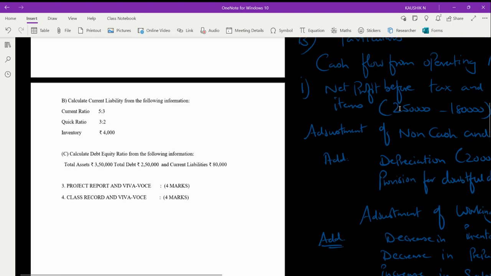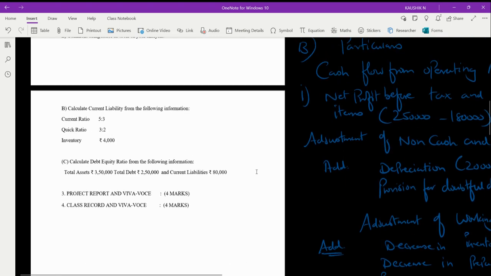How come? Come to your question. They are given you total asset is 3,50,000, total debt is 2,50,000, current liability is 80,000. So from the total debts, if you subtract current liability, you will get your long-term debts. So 2,50,000 minus 80,000, how much you'll get? 1,70,000.